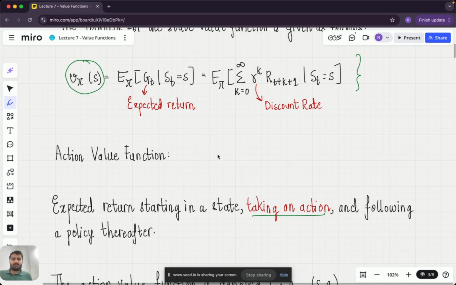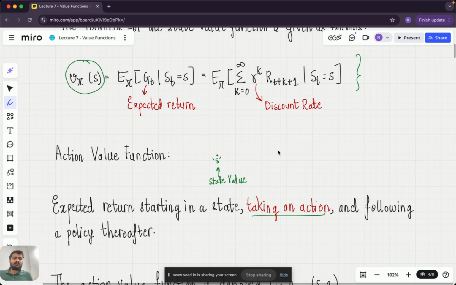So the main difference between the state value function and the action value function is that, let's say you have got an agent which has reached the state s, or which has received a state s from the environment, and then you ask the question that, okay, what is the value of this state? That is given by the state value function.